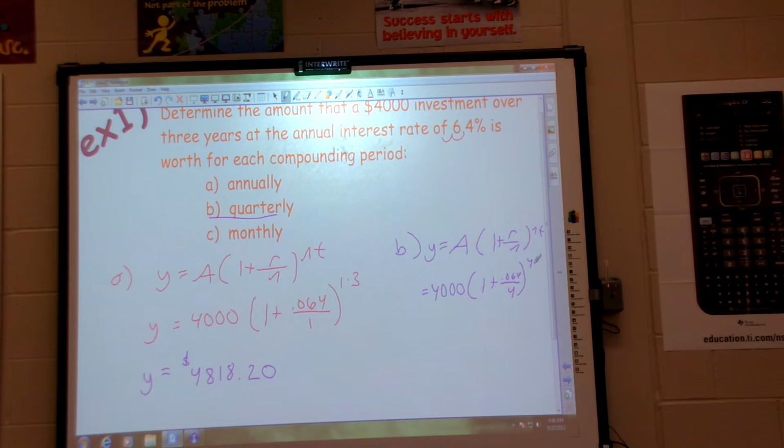Now here's where people try to get fancy. Time is still 3. People overthink, like, okay, how many quarters are in 3 years, and so on. You don't need that. It's still 3 years, because the interest rate is done in years.